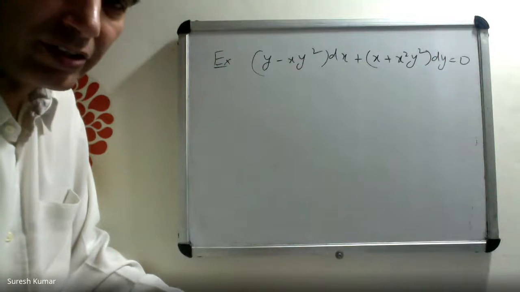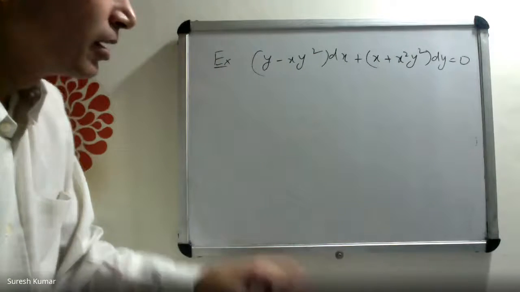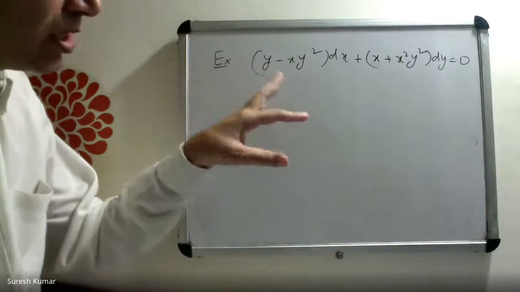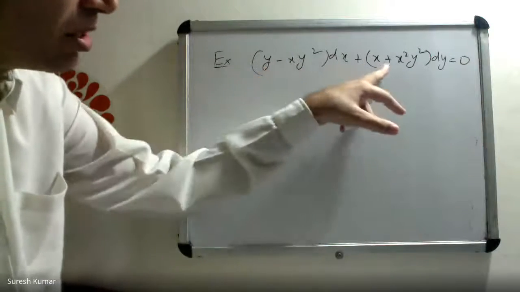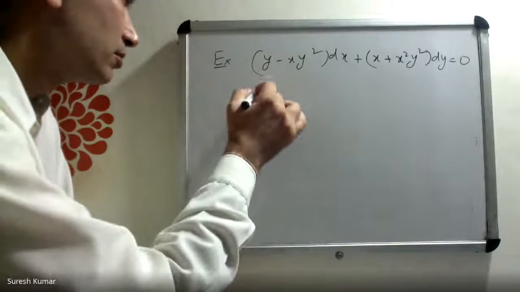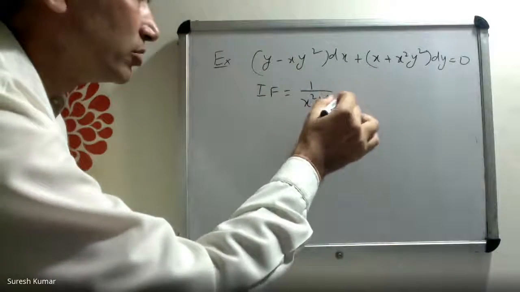Come on, you can tell it. See, those terms are still available that we saw in the previous two problems. y dx plus x dy. Sir, 1 over x square and y square. Yes. Let's choose the integrating factor 1 over x square y square.